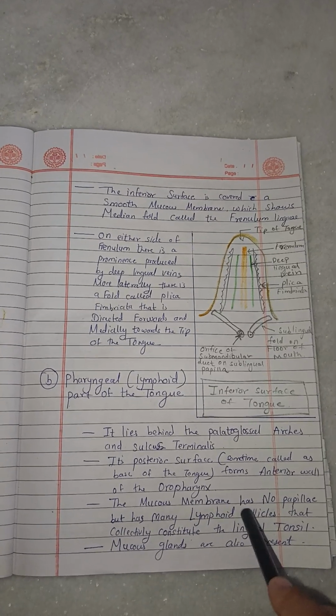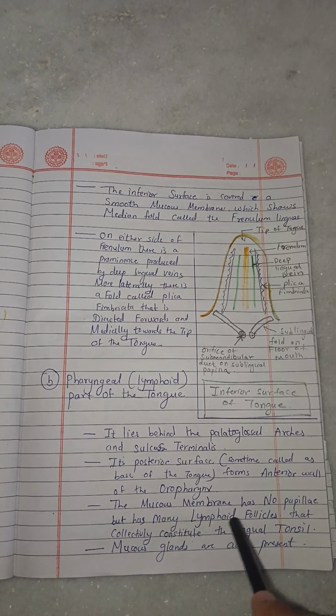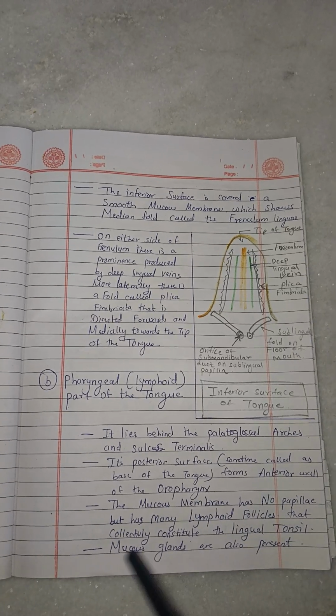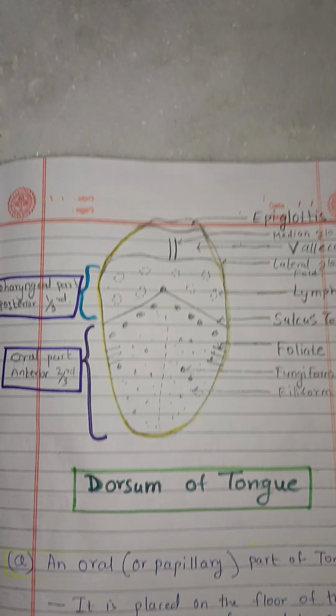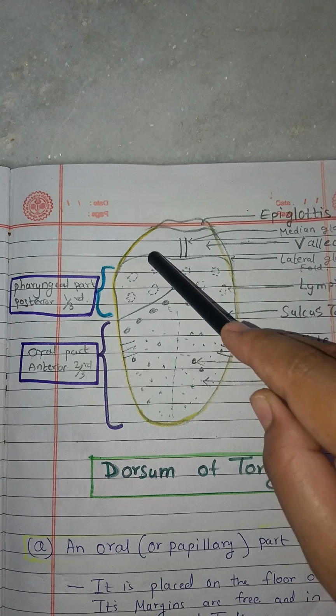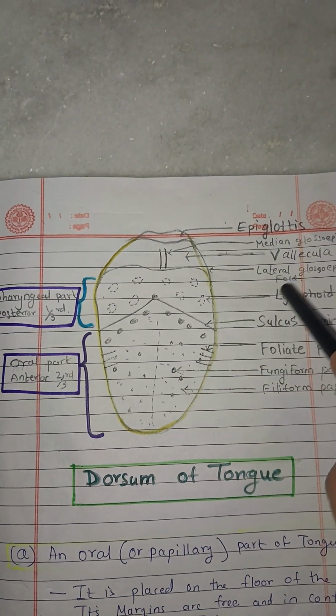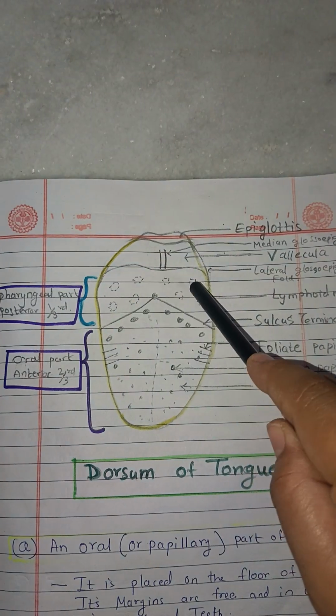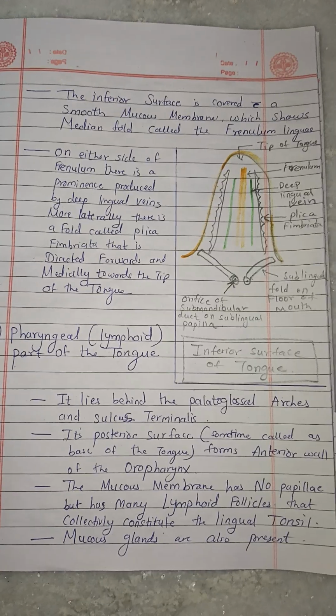The mucous membrane has no papillae but has many lymphoid follicles that collectively constitute the lingual tonsil. So we will see the diagram first. This is the pharyngeal part, this is the posterior part, and these are the lymphoid follicles present in the pharyngeal part of the tongue. Mucous glands are also present.